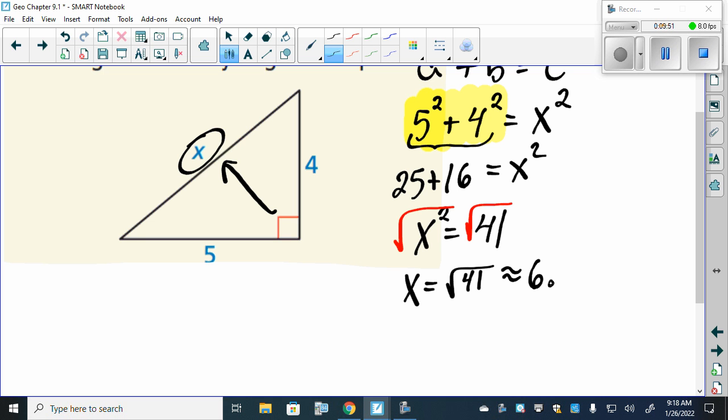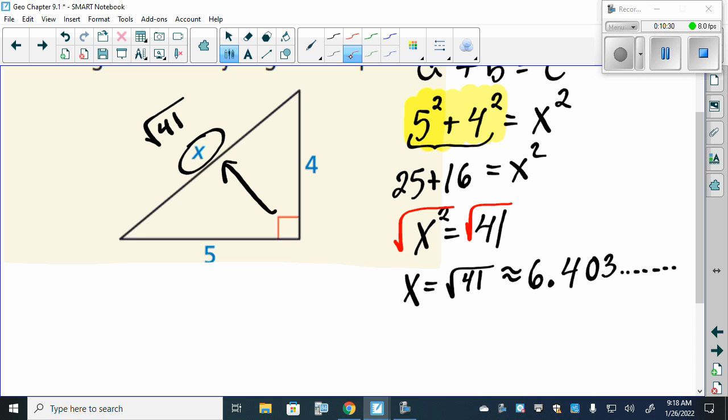Because if you take the square root of 41 and hit the approximate button above it, the button right above enter, we'll take the approximate. If you hit it again, it'll take it back to a square root. So the hypotenuse here is the square root of 41.